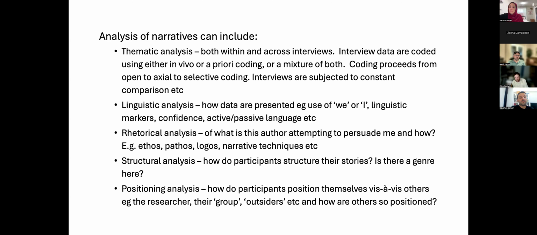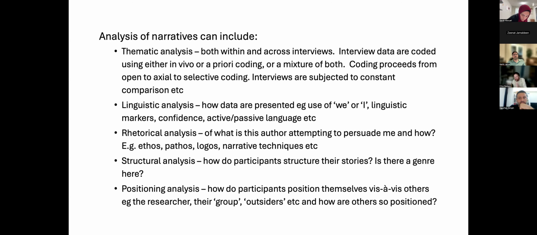So I'm doing a piece of work on first-person accounts of leaving cults to see if the structures of these stories and the tropes they use are strong enough to say, actually, this is a particular genre that needs to be identified as such. How do your participants talk about masculinity?